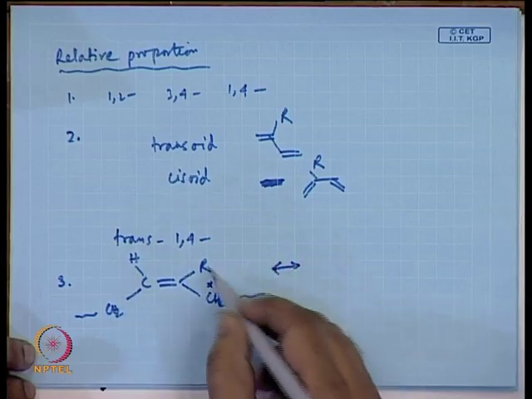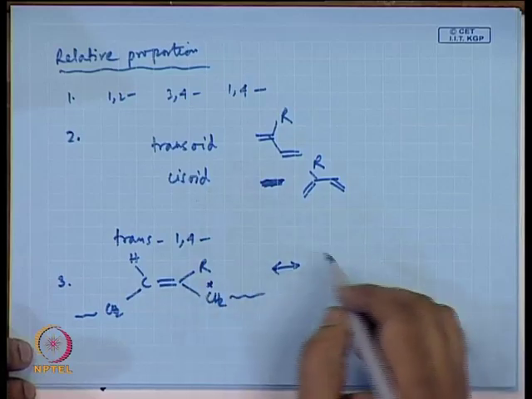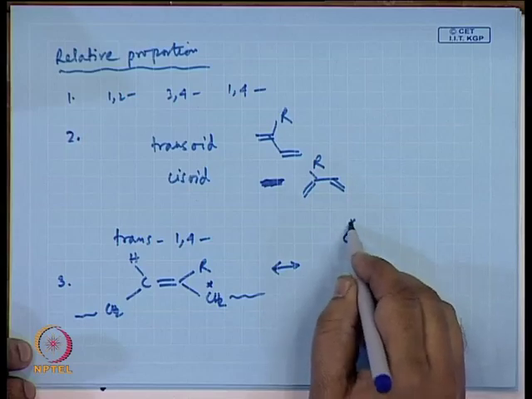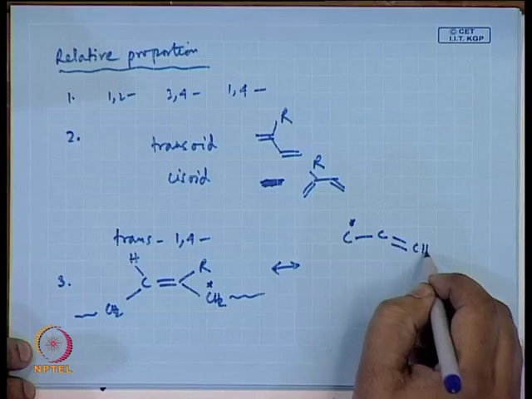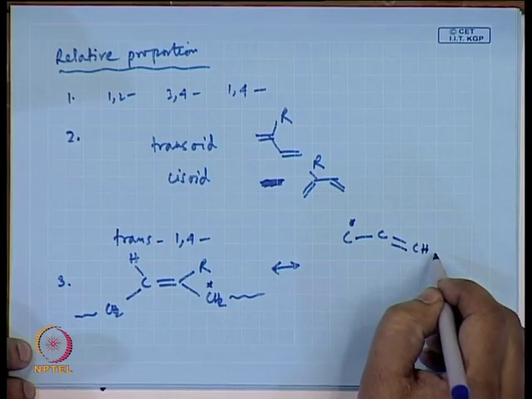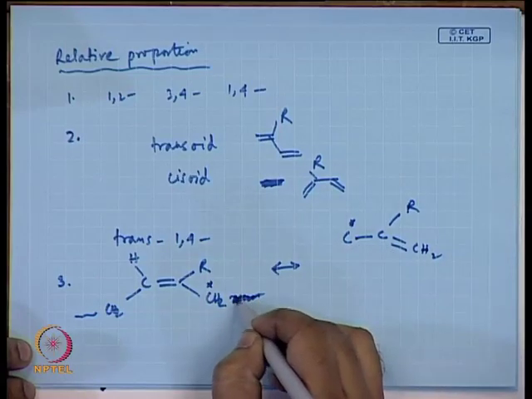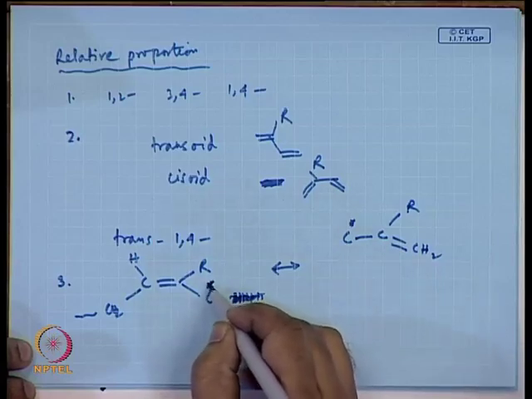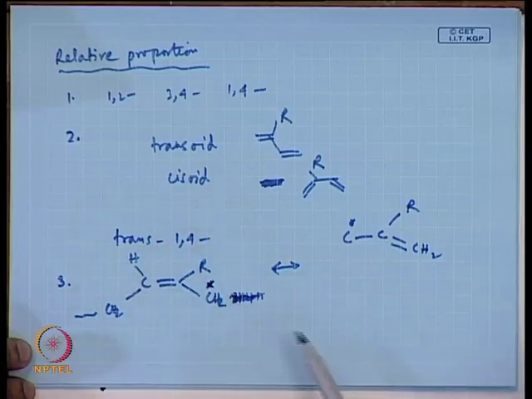This will take part in resonance. This is a chain end, this is not the polymer. It could be a radical, a cation, or an anion. This monomer will come and add to this chain end and the chain will propagate.